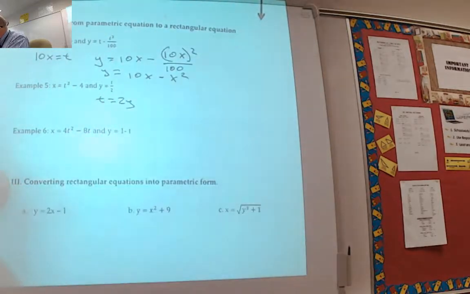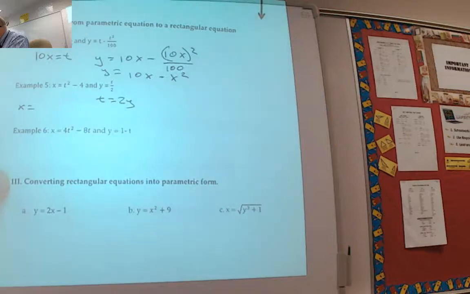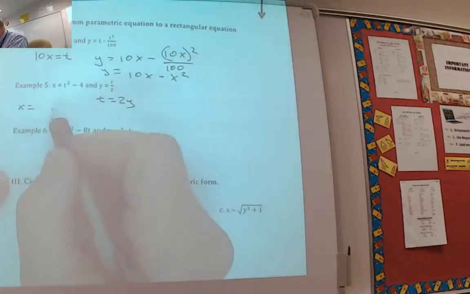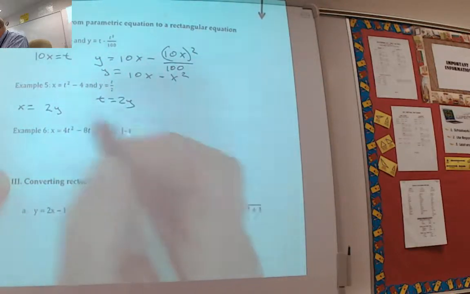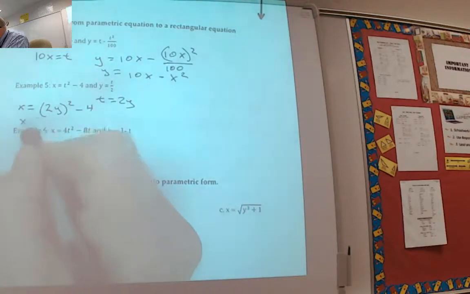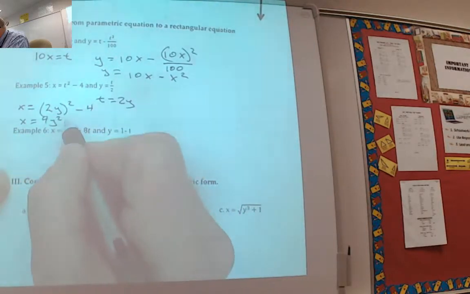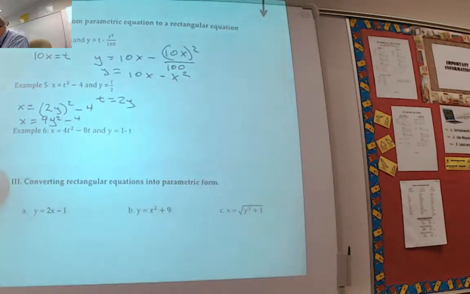Okay, so it would be x equals 2y squared minus 1. So that gives me x equals 4y squared minus 4. Is that correct? Yep. Okay, so we got to get y by itself.